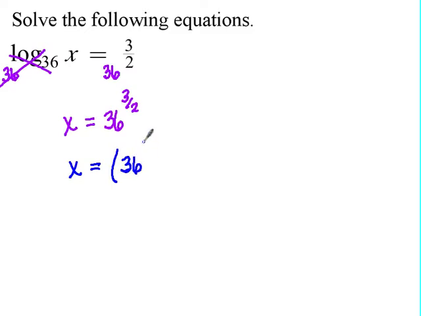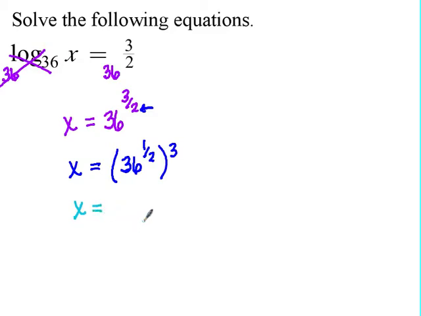So I can rewrite this as 36 to the 1/2 cubed. See how I did that? I took out this number right here, the 2, and wrote that as 1/2, and then I cubed the rest. Why did I do the 1/2?